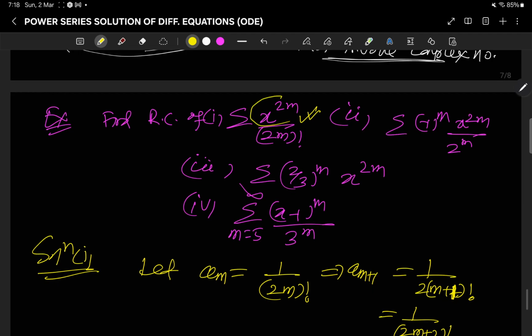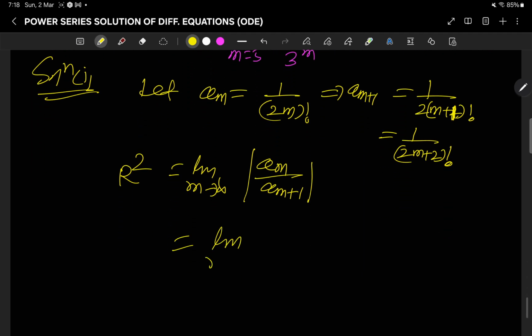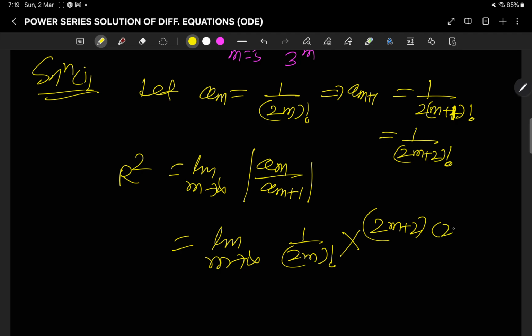Since this power is x to the power 2m, I should write r square is equal to limit m tends to infinity of the magnitude of a_m by a_(m+1), and accordingly I will simplify it. Limit m tends to infinity, a_m is 1 by (2m) factorial, and it is reversely multiplied by (2m+2) into (2m+1) into (2m) factorial.